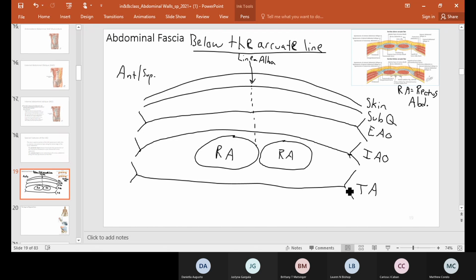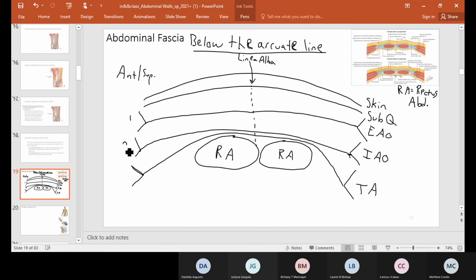Let me redraw that. So that goes in front too. So they all go in front. So you go through 3 layers. 1, 2, 3. My mistake. Sorry about that, guys.